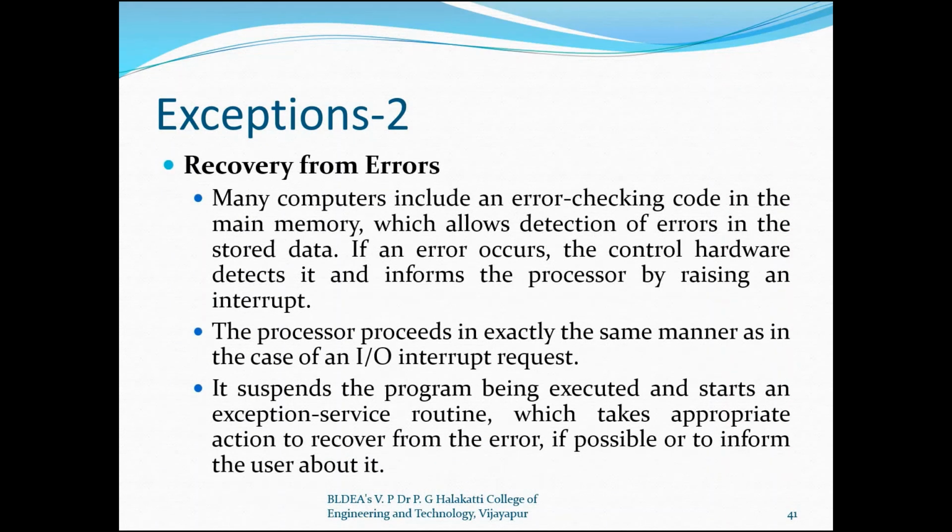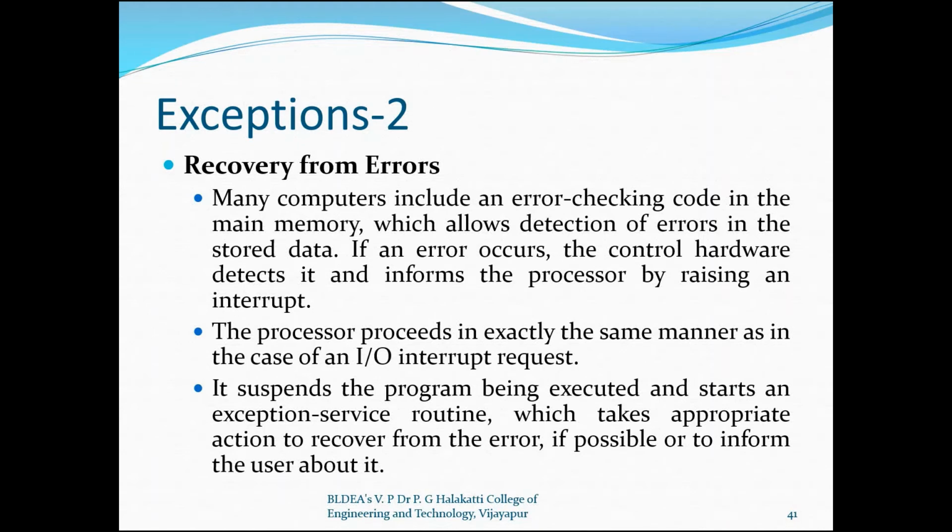The first one is recovery from error. A variety of techniques are available to ensure that all hardware components are operating properly. Many computers include an error checking code in the main memory. If an error occurs, the control hardware detects it and informs the processor by raising an interrupt.